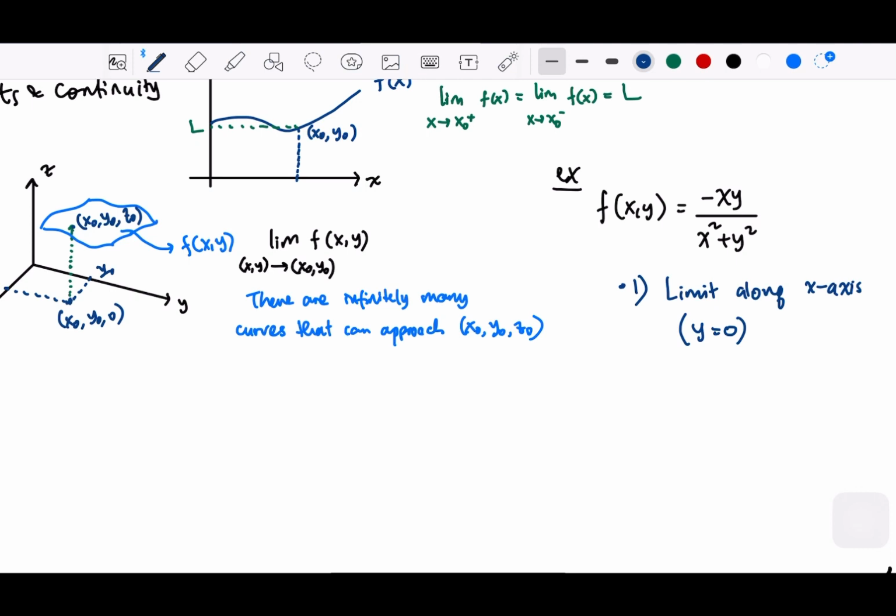So we can take 0, 0 as our basic approach to help us prove whether this limit exists or not. So proving the limit as (x,y) approaches (0,0).